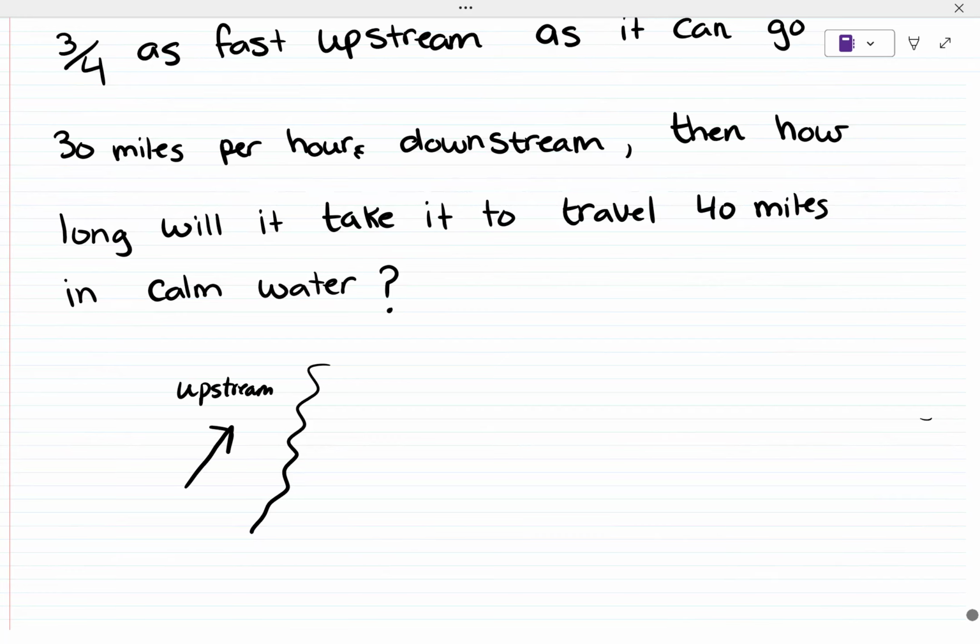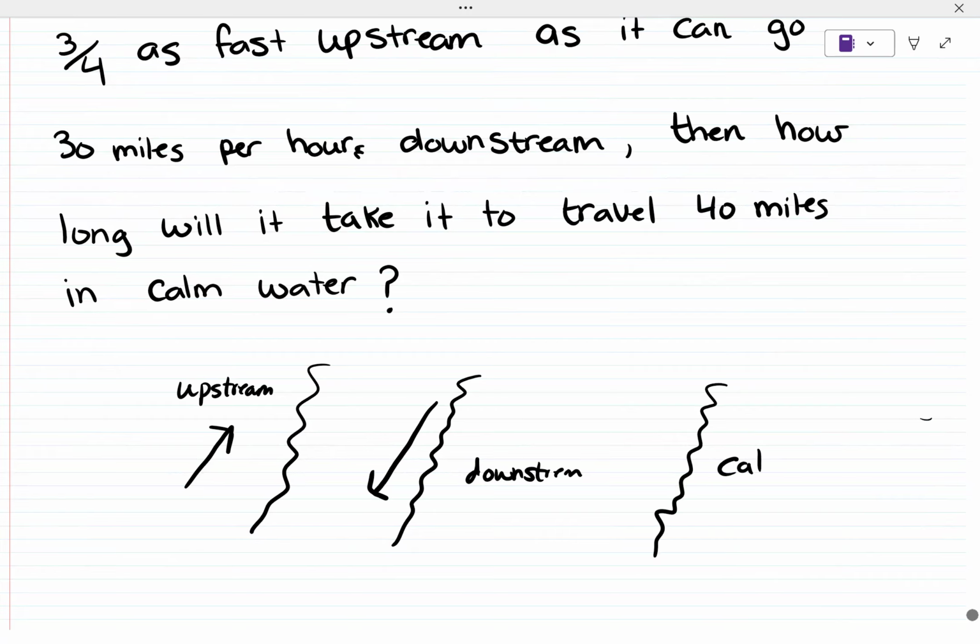And the steamboat can also go downstream, which technically you go faster, right? Because you're going downstream. And then you also have what's called calm water, where the current doesn't really move. So they're asking how long, or how much time, it will take to travel 40 miles in calm water.